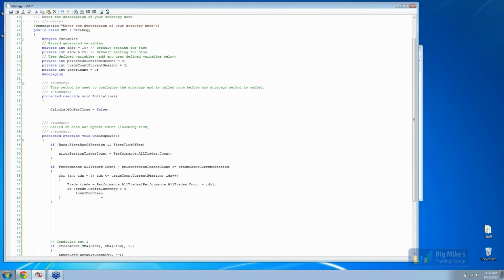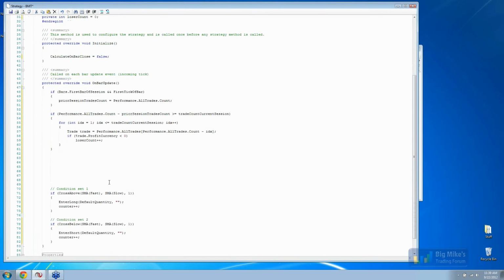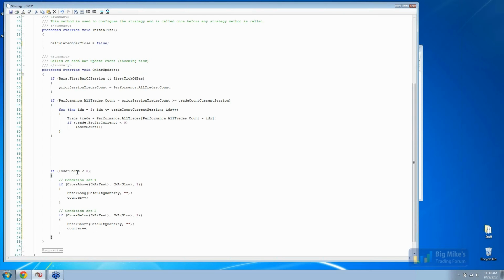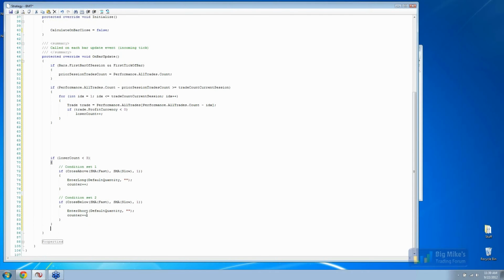So now that I have that done, I can go over here to my trade logic and say, if loser count is, let me see, less than 3, then we'll go ahead and continue trading. If it's greater than 3, then, well, we're not going to trade anymore. So if the loser count is less than 3, we'll keep allowing it to trade.